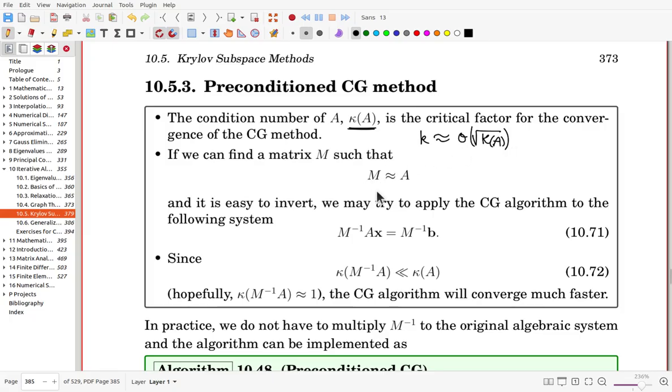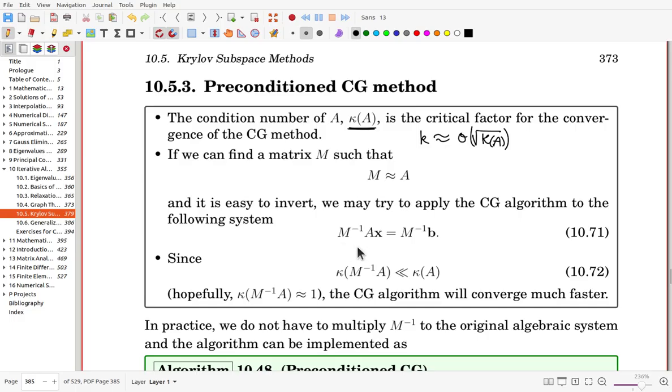First, we try to choose a matrix M that is spectrally similar to A and easy to invert. And we multiply by its inverse, assuming the inversion is easy. So M inverse A is multiplied.